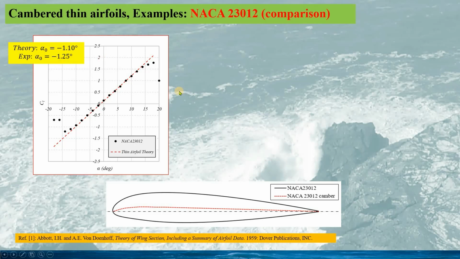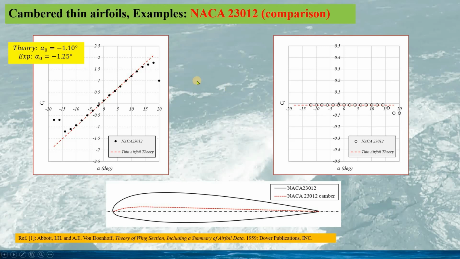Both are very close. This is the comparison for the moment coefficient. The theory prediction gives minus 0.0124, while the experiment data shows minus 0.01, very close indeed.